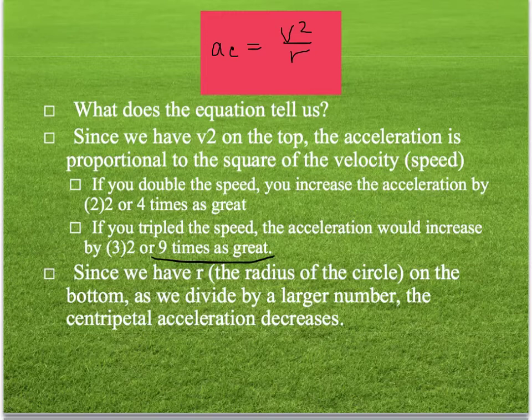Depending on your application, it's good to have a small acceleration or it's good to have a large acceleration. So basically, our centripetal acceleration will increase as our radius decreases, and that's inversely proportional. So centripetal acceleration and the radius are inversely proportional.